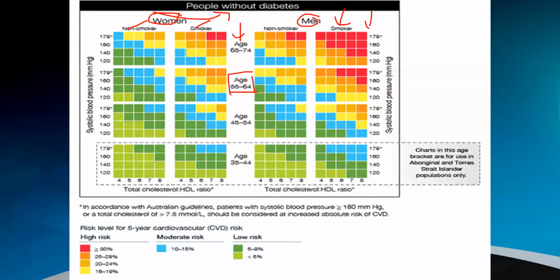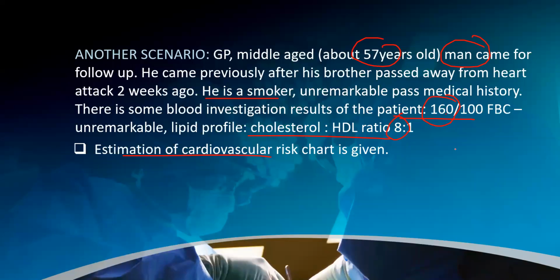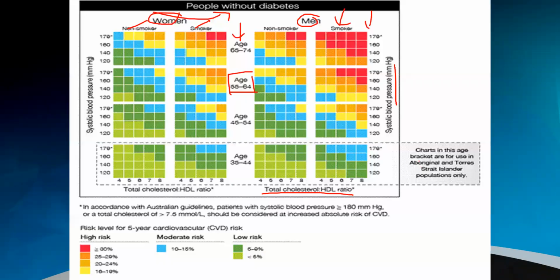Now, always remember, when you are doing a CVD risk assessment, you need to look for the systolic blood pressure on the y-axis and the total cholesterol HDL ratio on the x-axis. You can see in here that systolic blood pressure is 160.